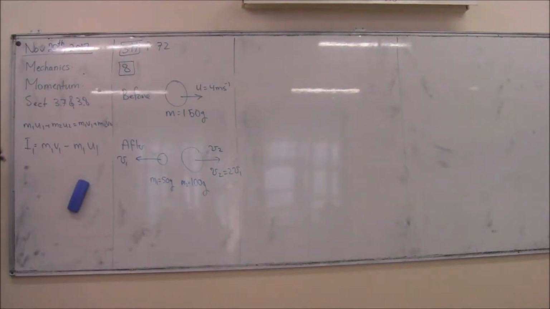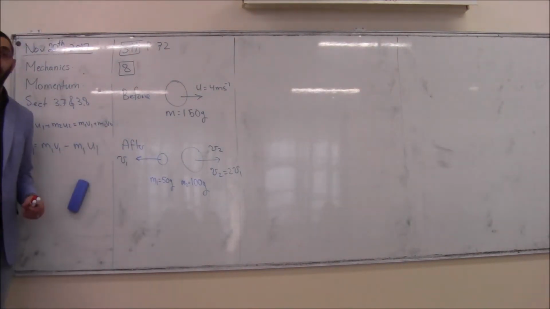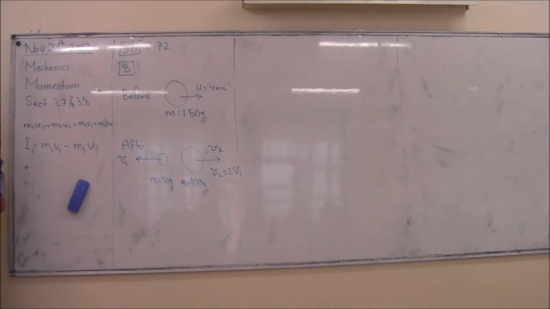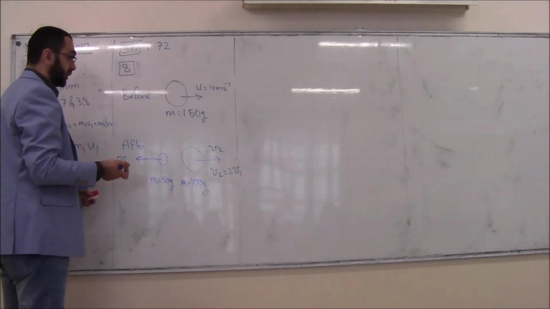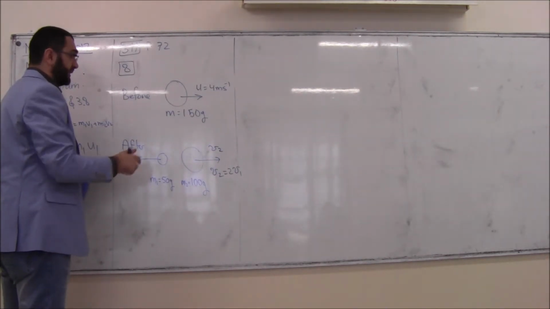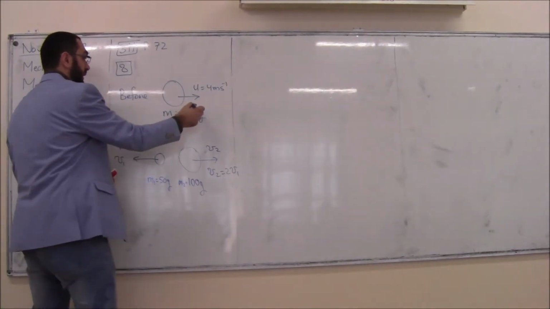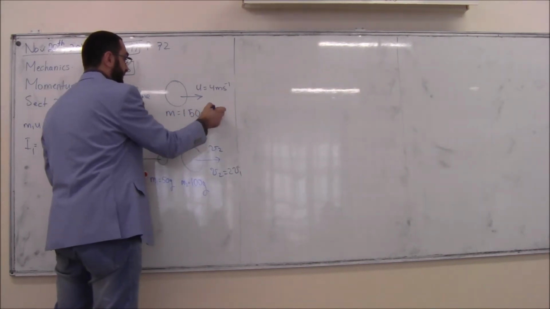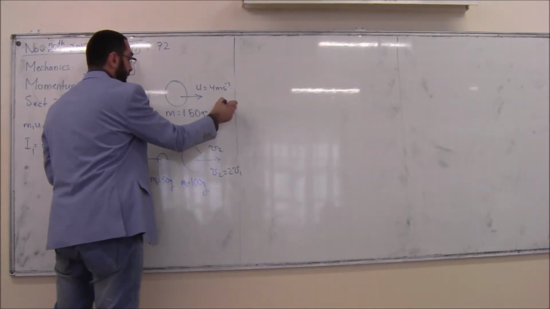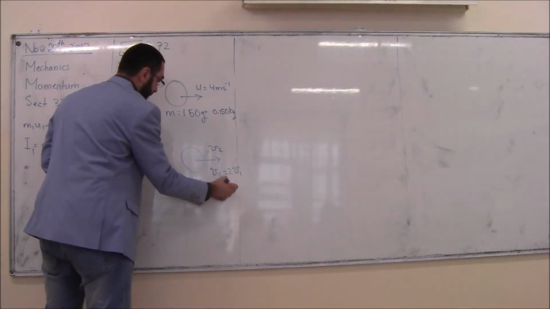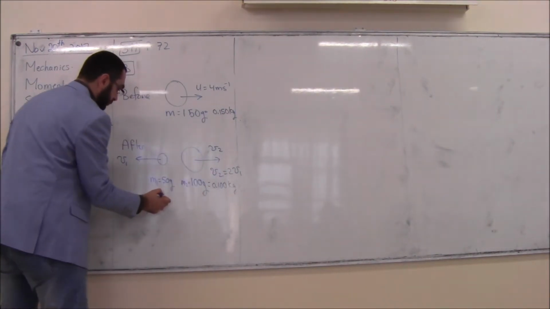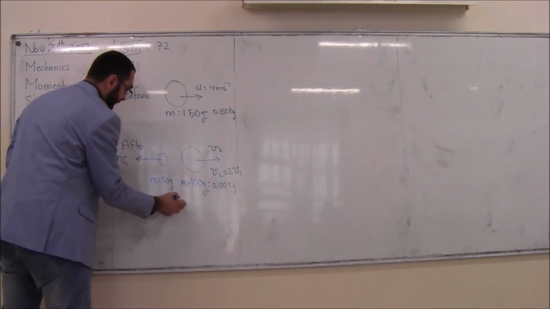What are we asked to find? The speed of the larger particle and the smaller particle. Okay, fine. So we'll use the law of conservation of momentum. We can convert the masses to kilograms: 0.05 kilograms and 0.100 kilograms.